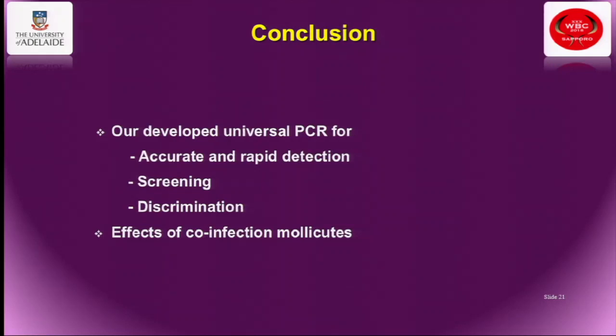The real-time PCR HRM assay was able to identify and discriminate between mastitis-causing mycoplasmas and other mollicutes which are often considered as milk contaminants. Results of our study indicate that co-infection Mycoplasma mastitis causes similar effects on milk composition to other conventional mastitis pathogens.